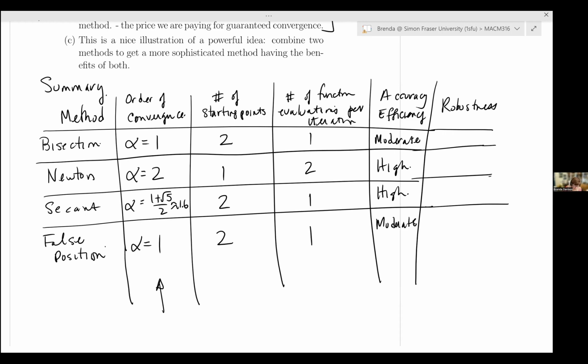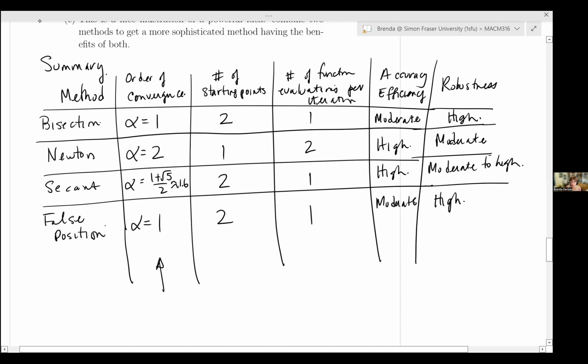The bisection is highly robust, as is the false position method. You're going to get there. Newton's is moderate. You can have some problems if the derivative is not bounded away from 0 near the root. And the secant is moderate to high. It's a bit better in the robustness because you're not taking derivatives. You have less worry about if you've got a problem with the derivative.